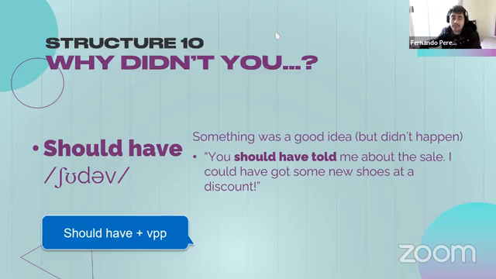That is crazy, bro. You should have told me because I like Zara clothes, and you know that I like Zara clothes. Why didn't you tell me? You should have told me. You see? It's like a suggestion about the past.